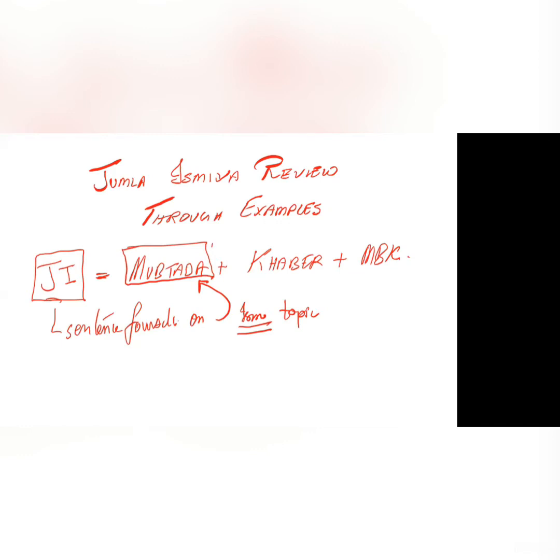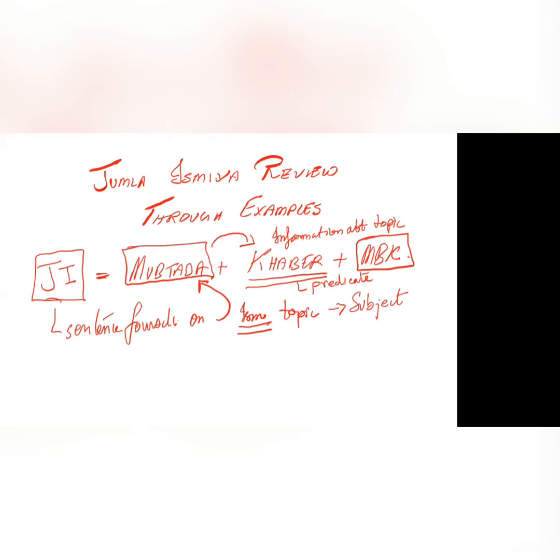Okay, then you have the next component, which is information about the Mubtada, about the topic, or as we call in English grammar, subject, right? Mubtada is your subject, Khabar is your predicate, and your MBK, Muta'alliq bil Khabar, you can see the name itself, Muta'alliq, related to the Khabar.